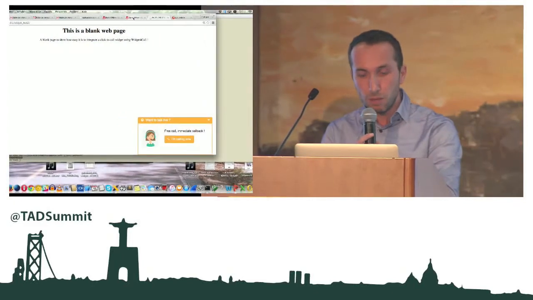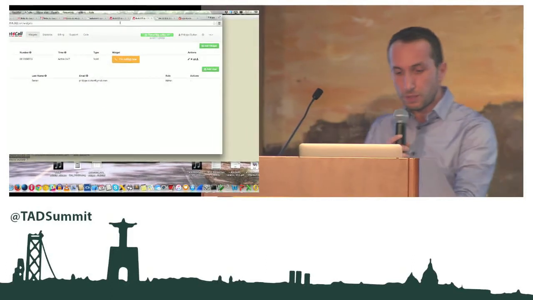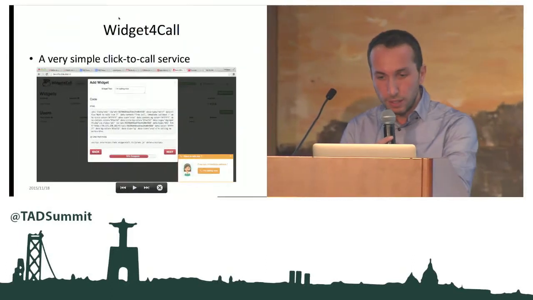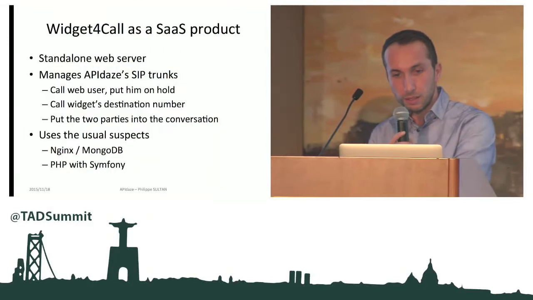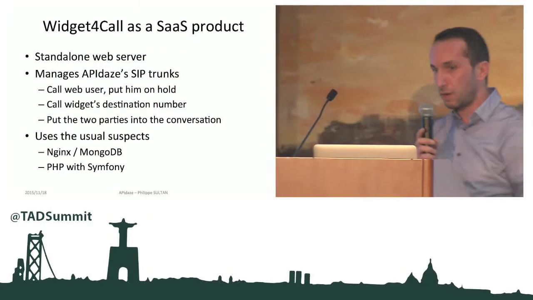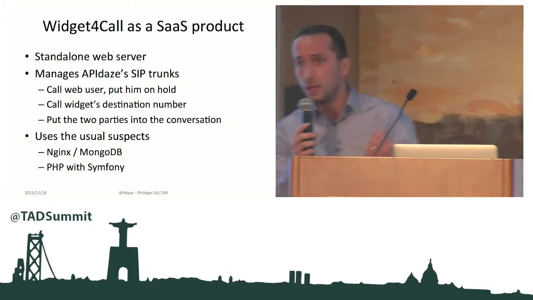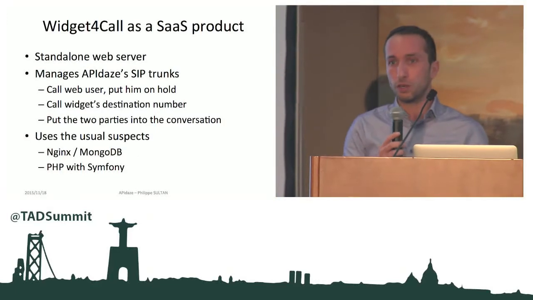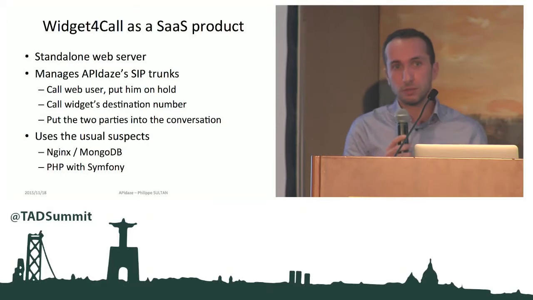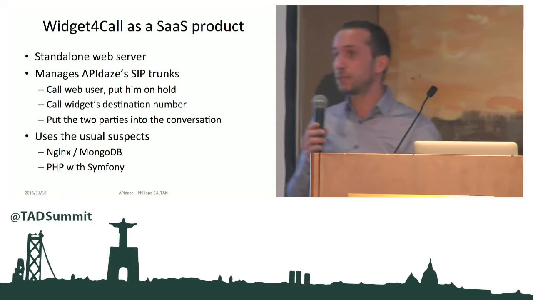So this is the description of Widget for Call. Using Juju, what we wanted to do is, okay, we use Widget for Call to make calls using our own SIP infrastructure.